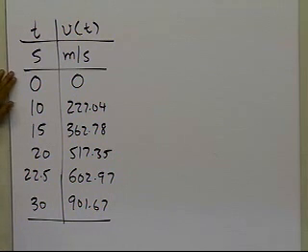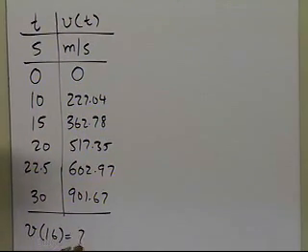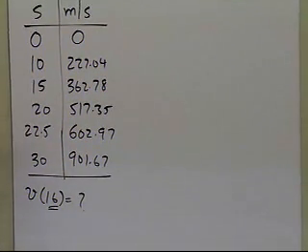So let's suppose we are given the value of the velocity at these 6 different data points and we want to do quadratic interpolation. So the first question arises: which points should I choose for the velocity to be calculated at 16?